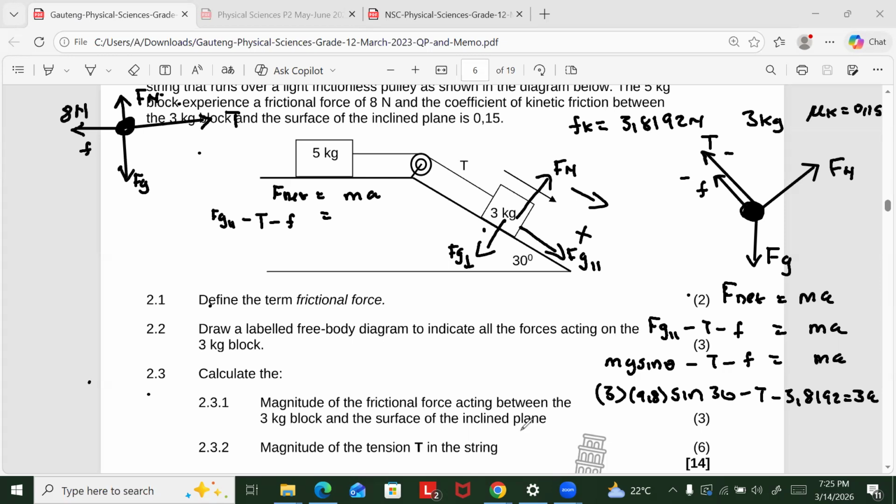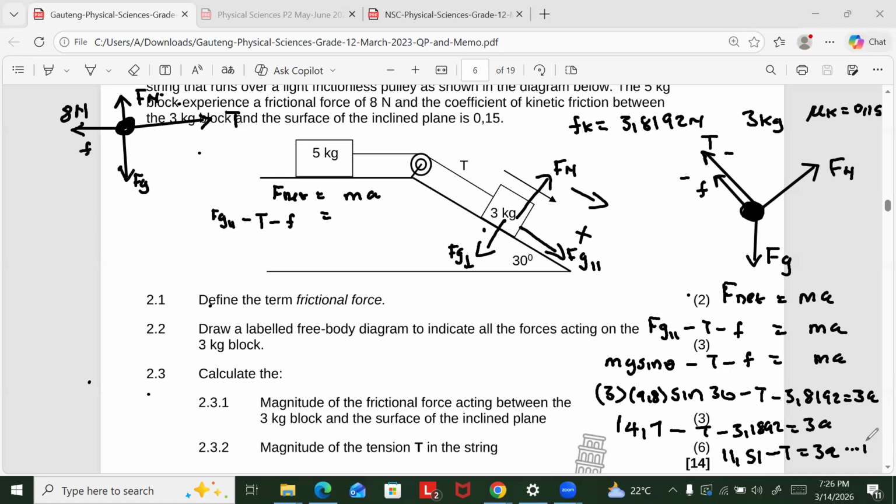So it's 3 times 9.8 times sine of 30, which gives 14.7, minus tension, minus 3.8192, is equal to 3a. 14.7 minus 3.8192 gives 11.51 minus T is equal to 3a.